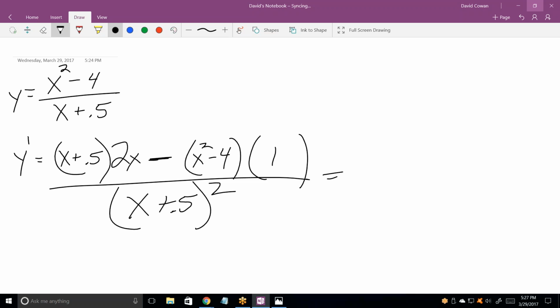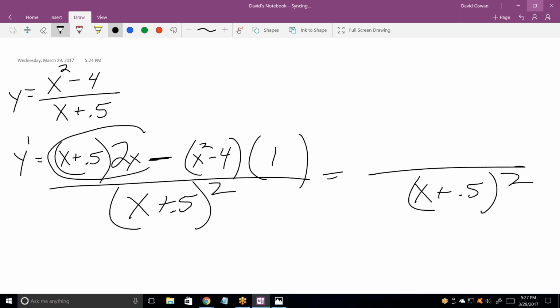So simplify the numerator. Let's go ahead and put the denominator on there. But what's that equal? 2x squared plus 1x. Plus x, okay?